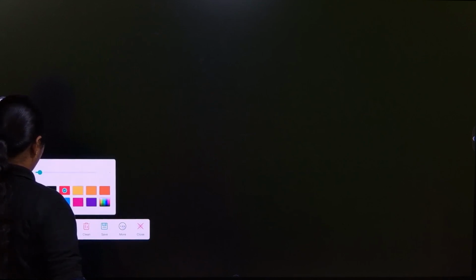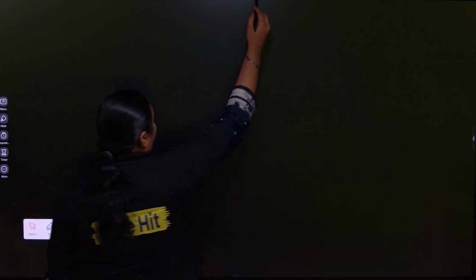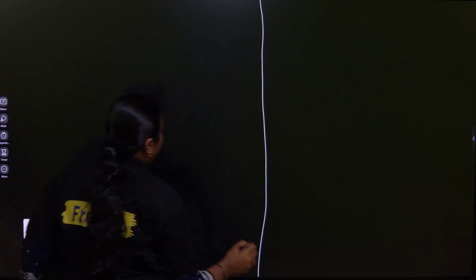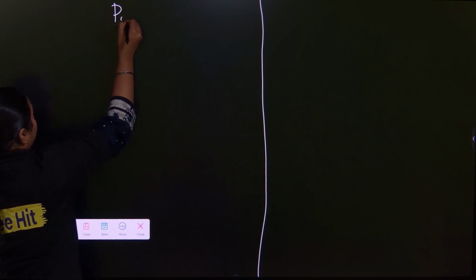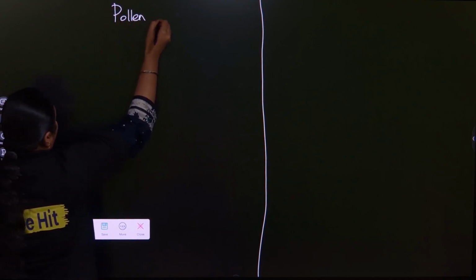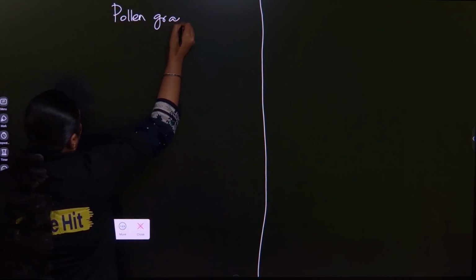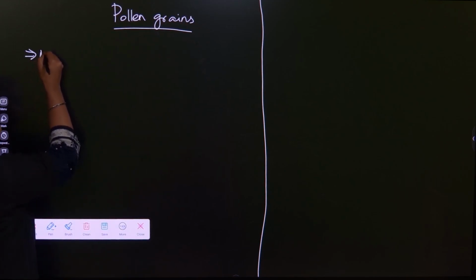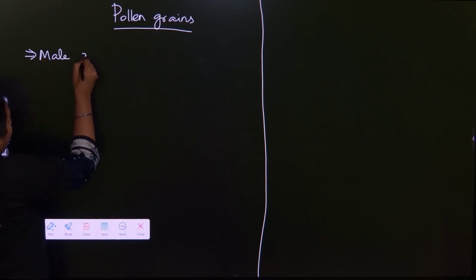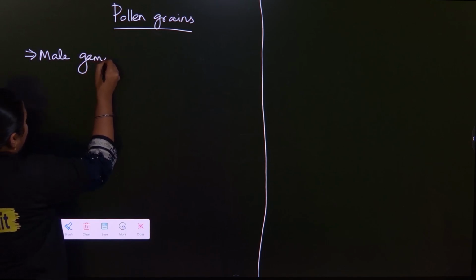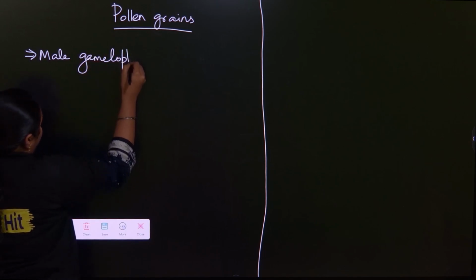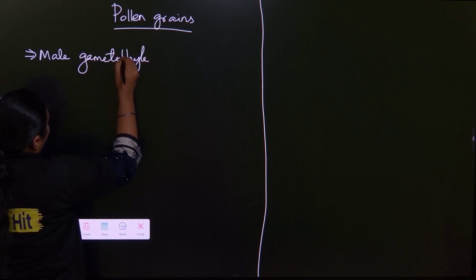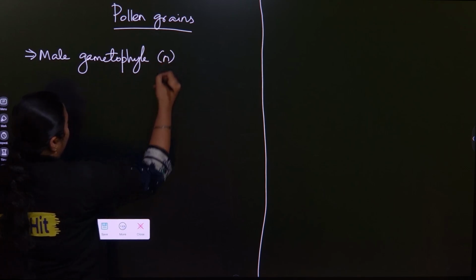So pollen grains, let me divide it into two. Now we'll be discussing what? So pollen grains are basically the male gametophyte. If you remember from plant kingdom, gametophyte has to be haploid.